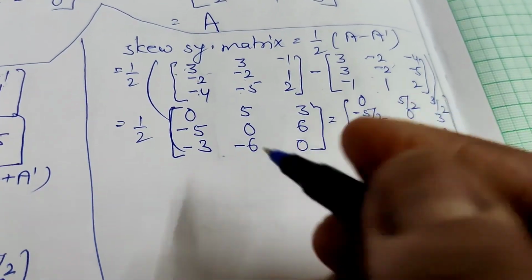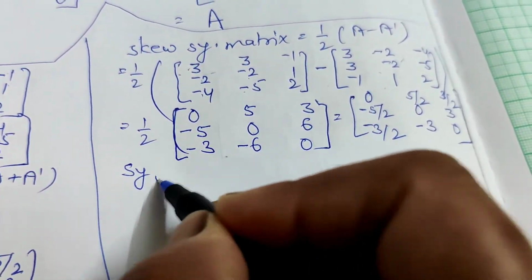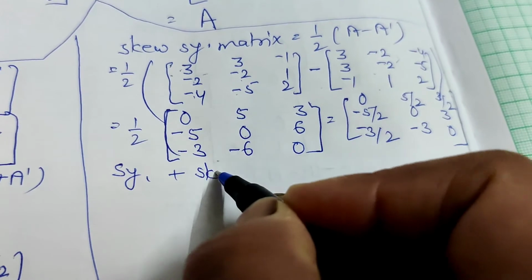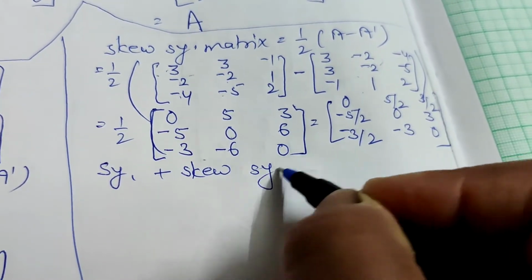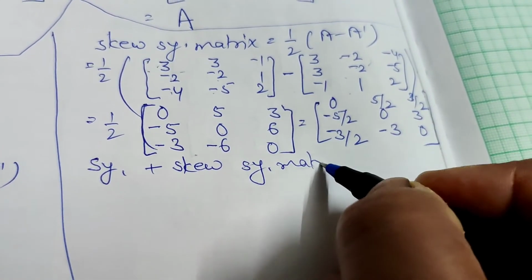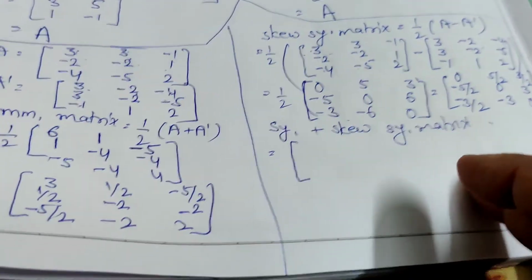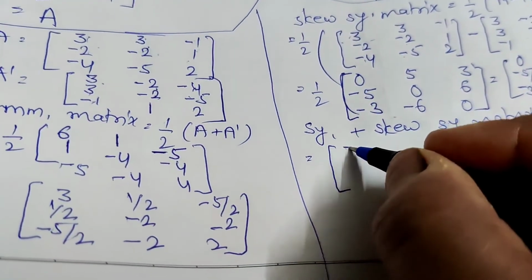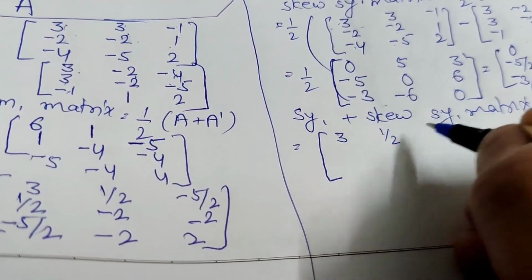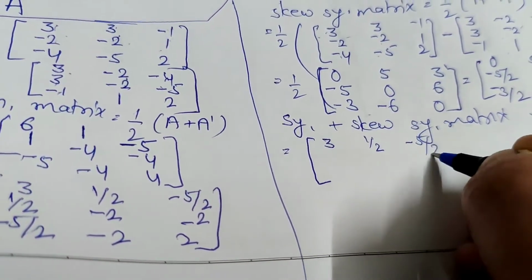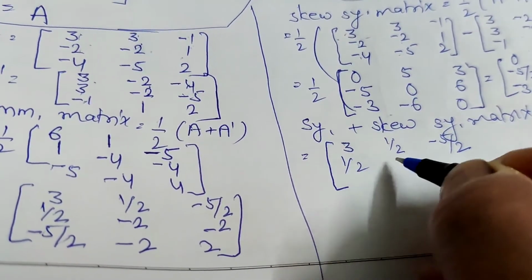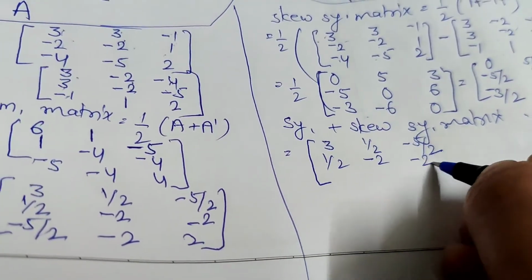Now add symmetric plus skew symmetric, both matrices. Symmetric is this, right here: 3, 1/2, minus 5/2. 1/2, minus 2, minus 2.